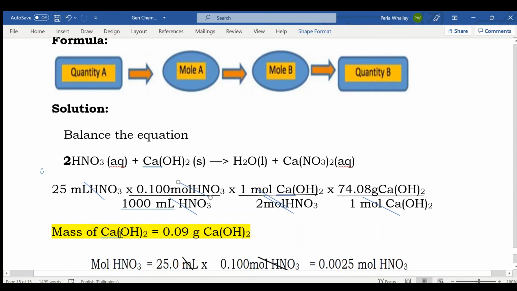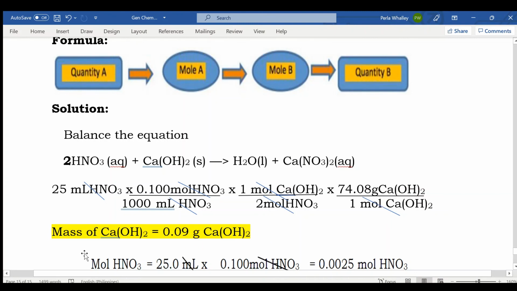So the mass of calcium hydroxide now, okay, before that, this is ml HNO3 cancelled, ml HNO3, and then we have mole HNO3, mole HNO3, mole calcium hydroxide, mole calcium hydroxide. What is left is grams of calcium hydroxide.